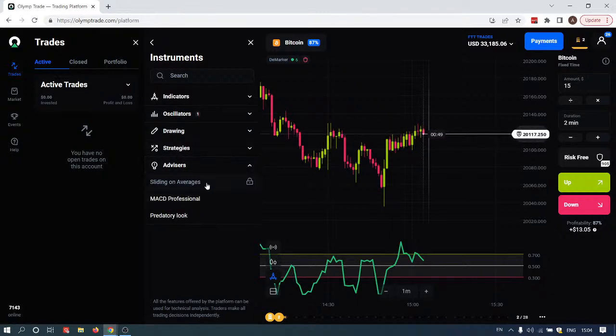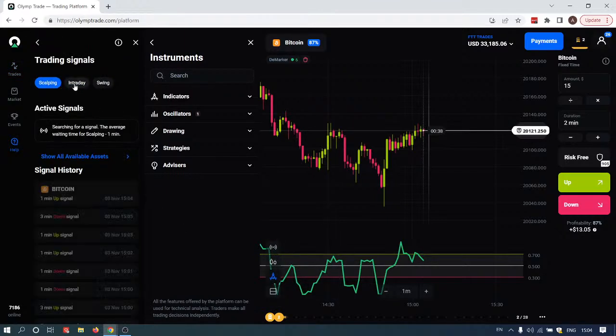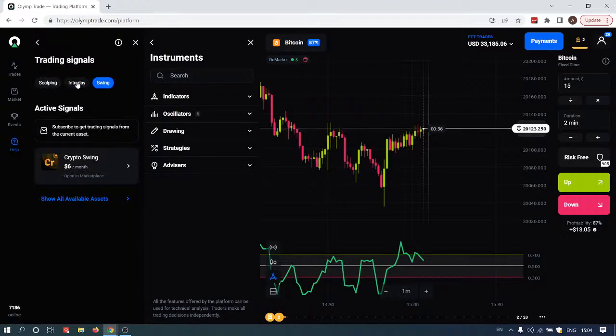Advisors, we only have 3 of them. Unfortunately, I wish we had more, but at the same time, we have trading signals, quite a big number of them, and they cover the majority of our trading assets.